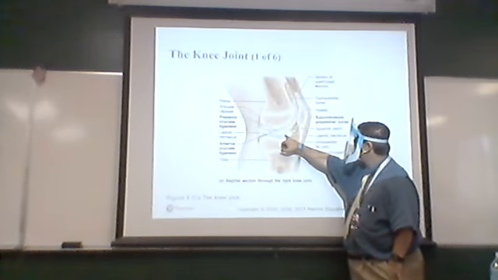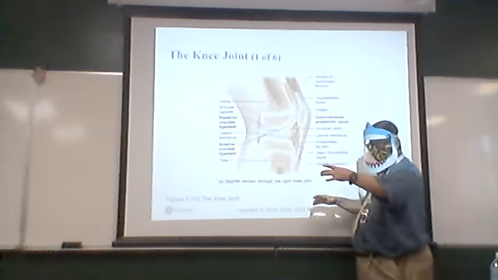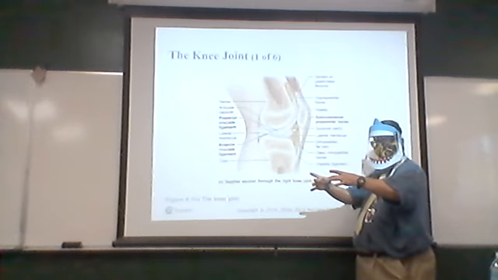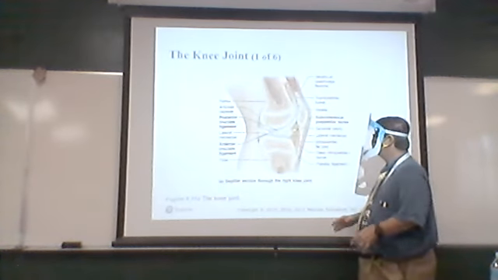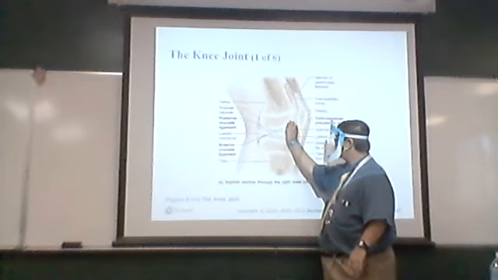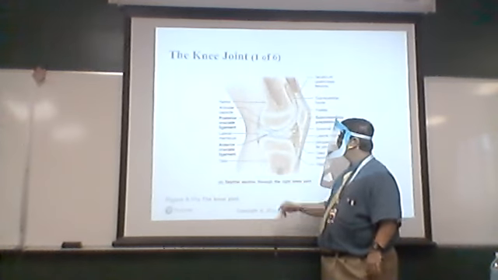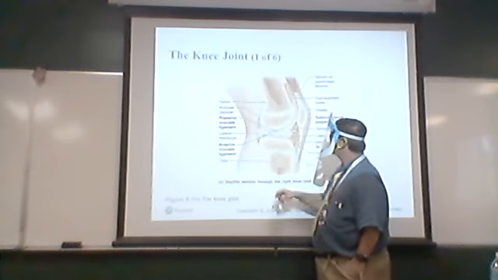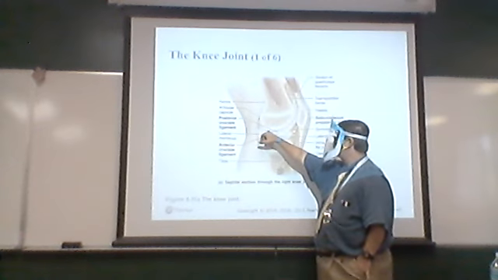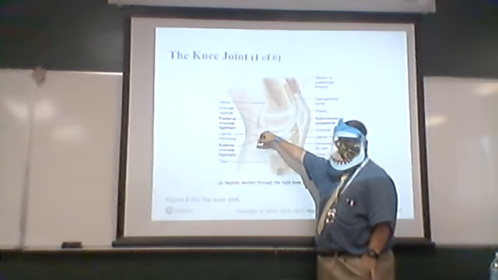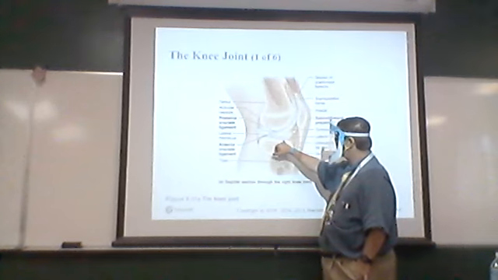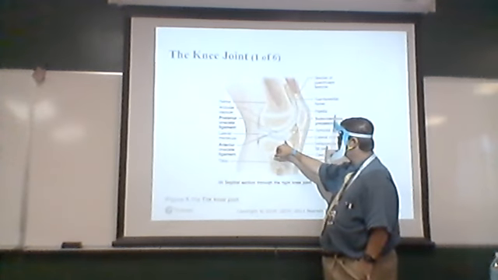Now, the meniscus or the fat pad, we have one on the lateral side, one on the medial side. And then coming through the middle, we have crisscross ligaments. The posterior cruciate has its origin on the posterior and its insertion on the inferior side.